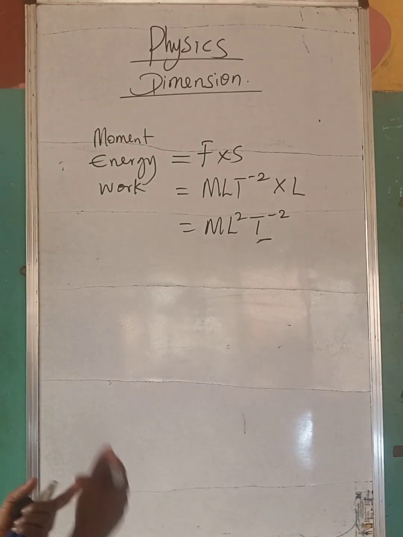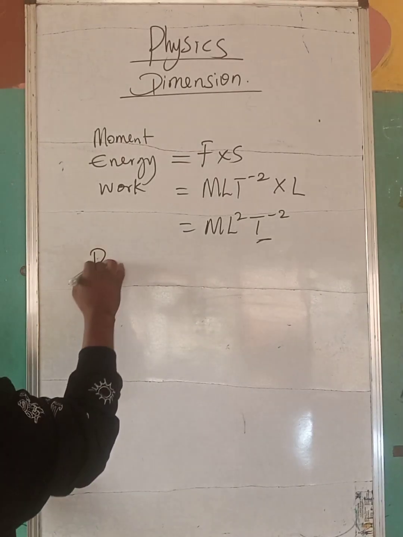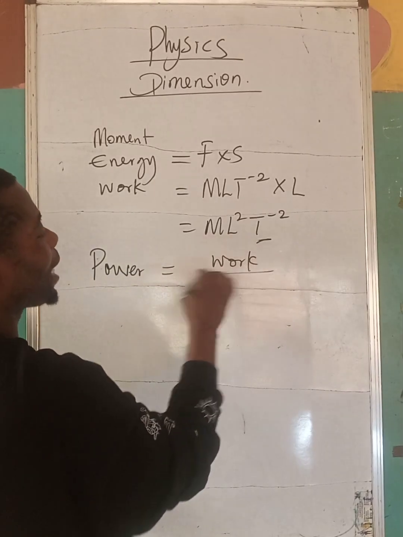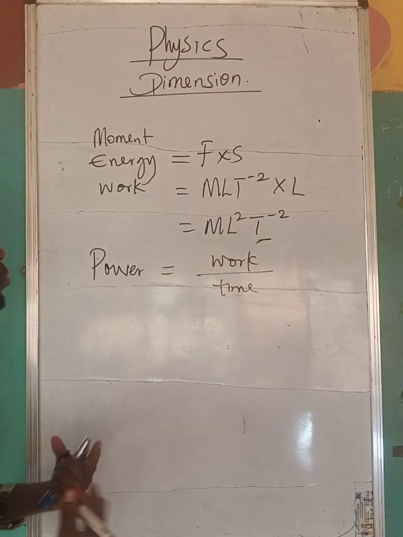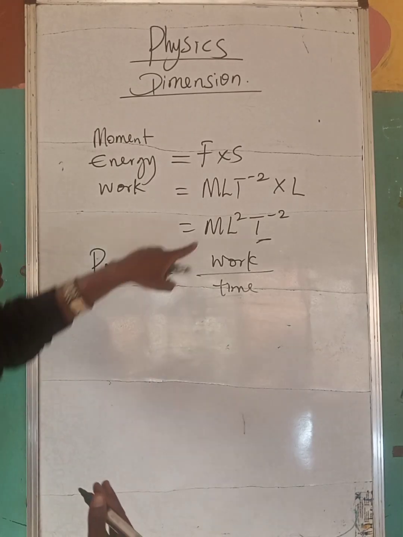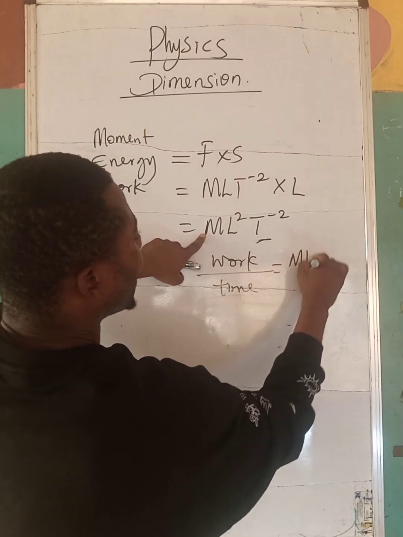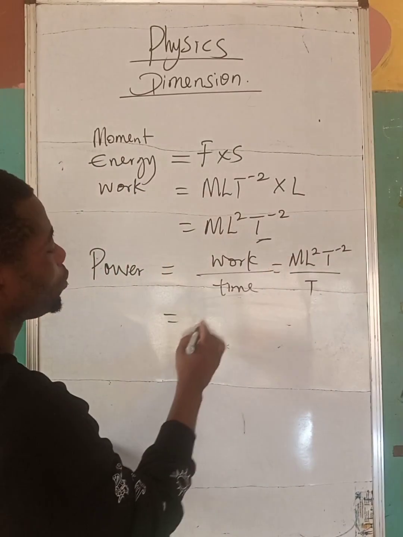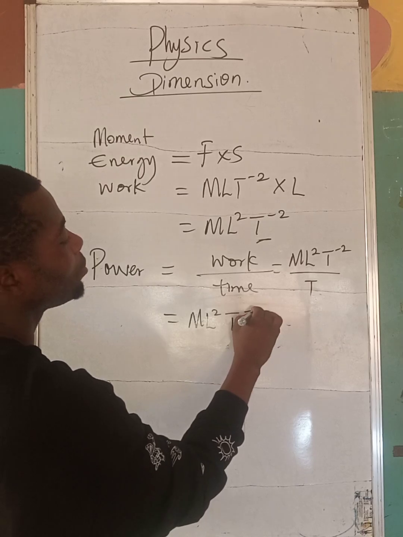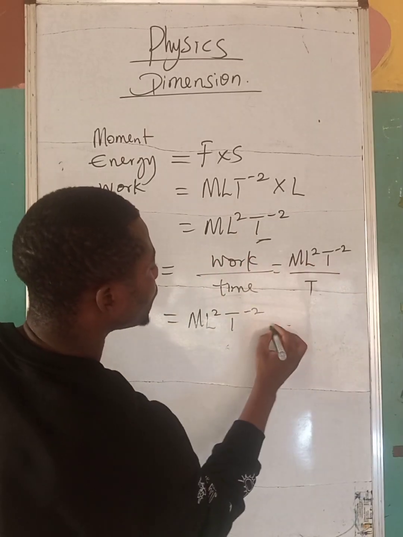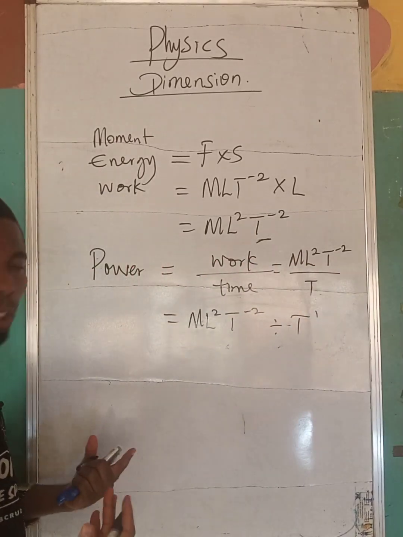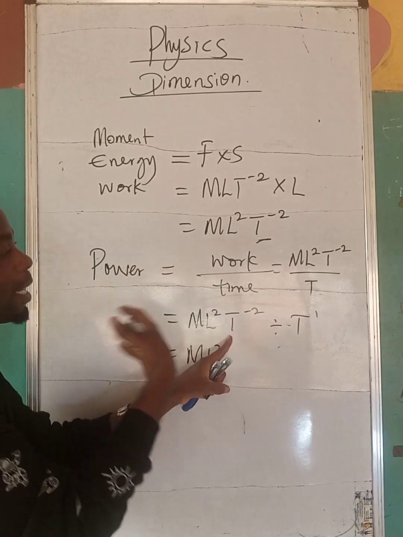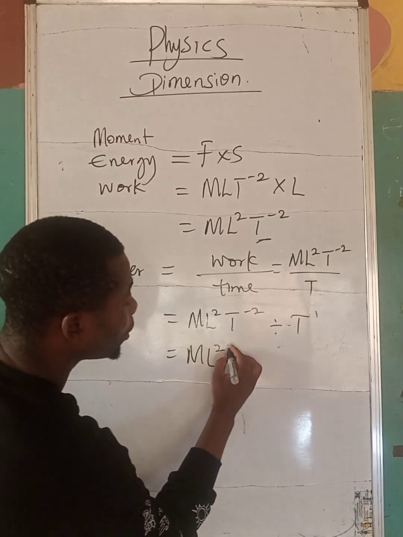So they may ask you to calculate the dimension of power. Power is equal to work over time. That's the formula. So what is the dimension of work? You've calculated it before to be M L^2 T^-2, then divided by T. Dimensionally now, if we solve this, you have T this side and T this side, so you pick one according to the law of indices.